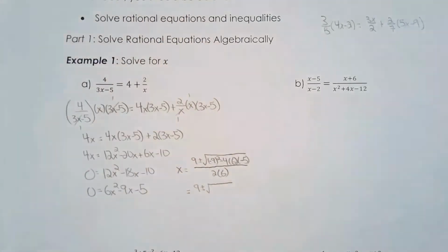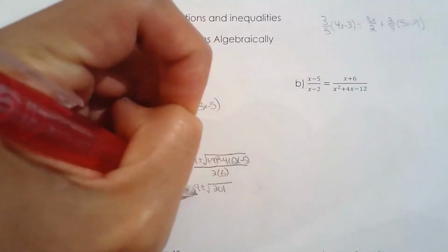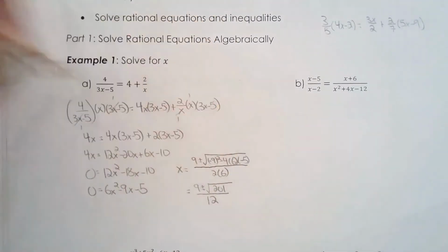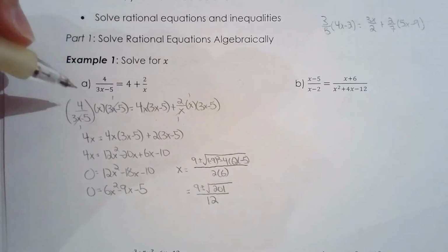So let's see, 81 plus, it's 201 over 12.